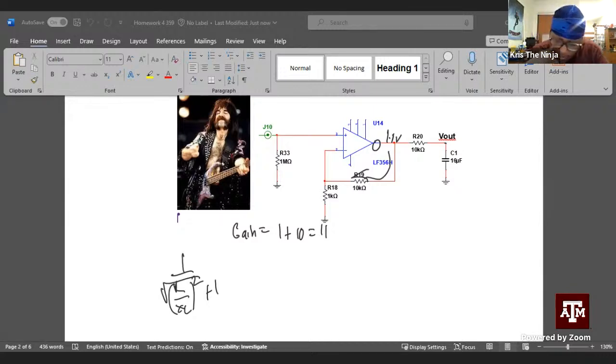Trying to think for a second, make sure I'm not doing something completely wrong. Calculator's out here dying on me today because I forgot my charger at home. Tragic, I know. Let me see. Gain is this, multiplied by Vn. Vn is 100 millivolts.